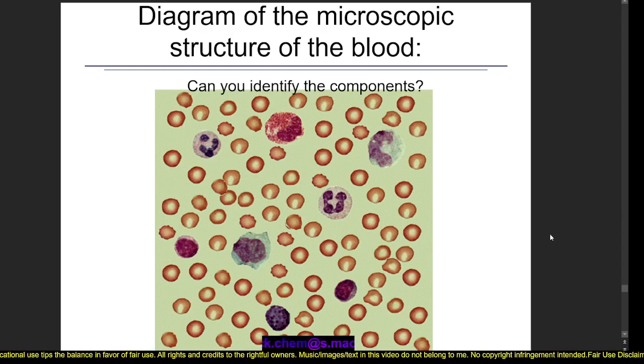Can you see a phagocyte with a lobed nucleus? So there's one here, here, here. Can you see any red blood cells? Yes. Right, so all these little red spots here would be red blood cells. And of course, our background would be our plasma.